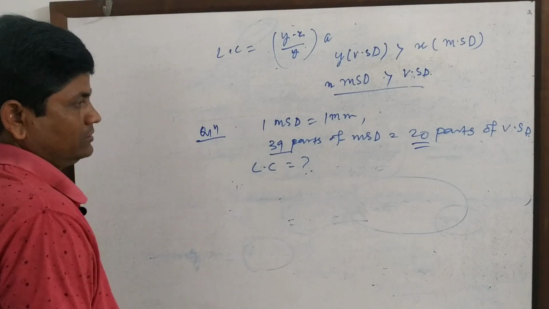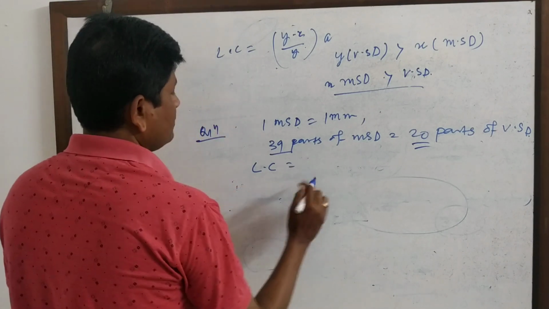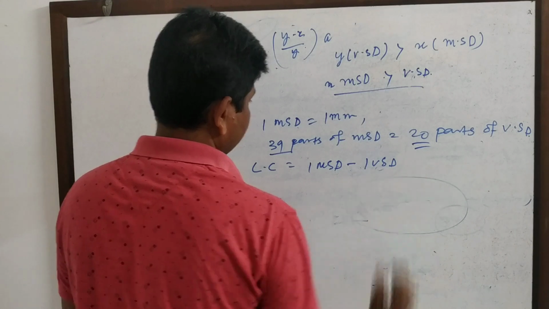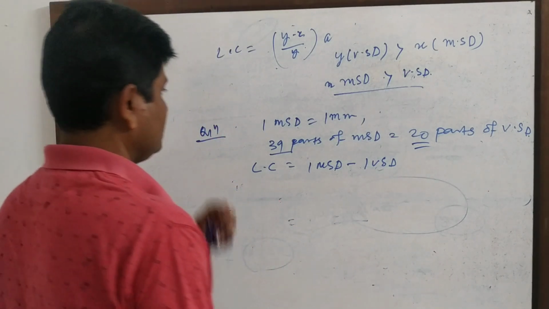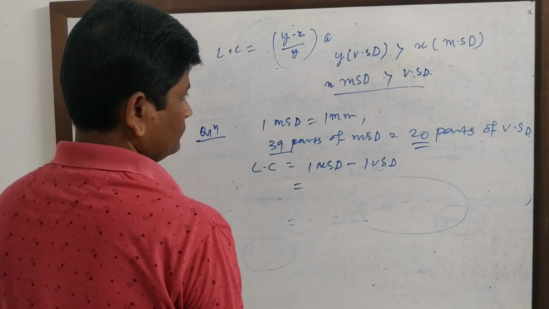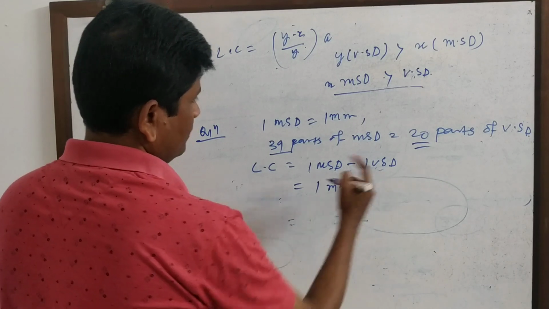If we put the formula, least count is equal to 1 MSD minus 1 VSD, then what happens here? 1 MSD is equal to 1 mm minus 1 VSD.